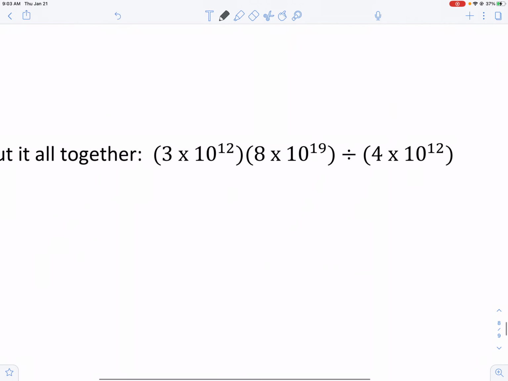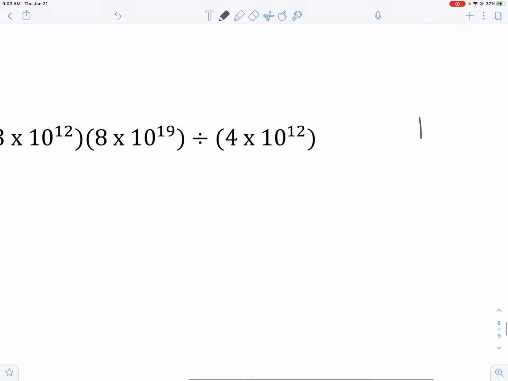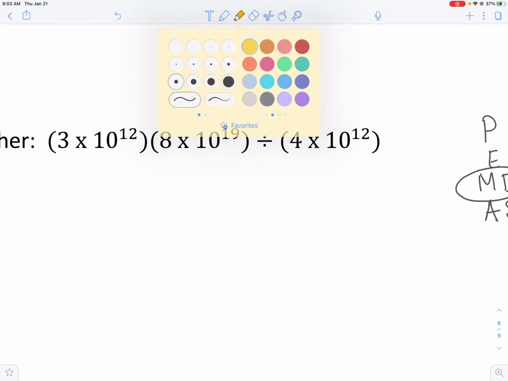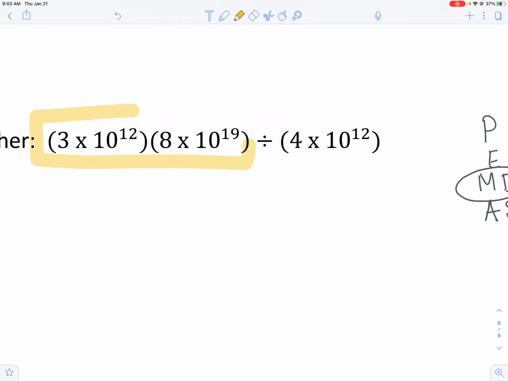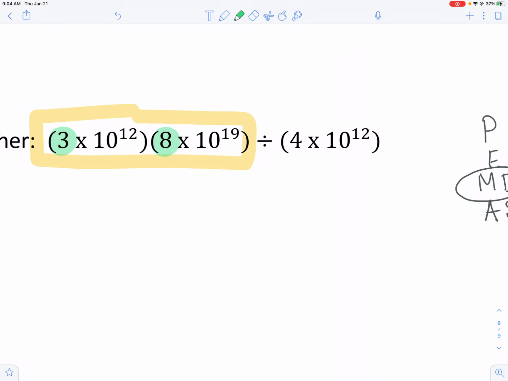All right, the last one, we're going to make it a little more complicated. We're going to do 3 different operations. Now think back to your order of operations. Order of operations says that when you have multiplication and division, you move from left to right. So we're going to do this piece first, and then we'll divide it. We're going to solve those first 2 parentheses the same way. I'm going to rearrange and put the numbers up front.